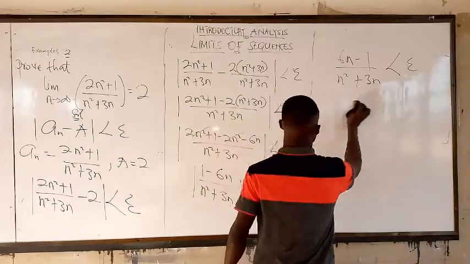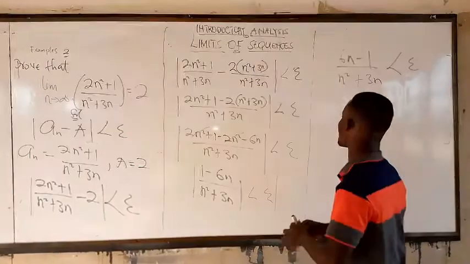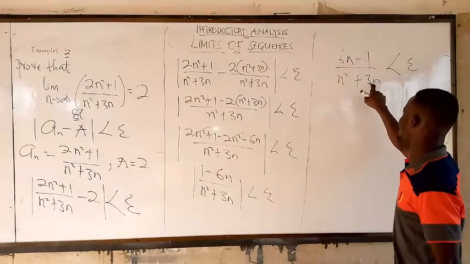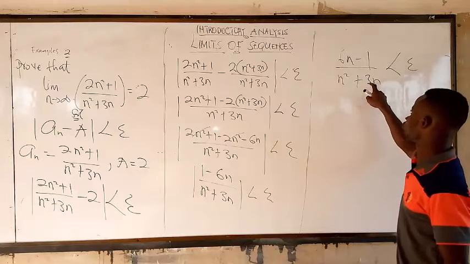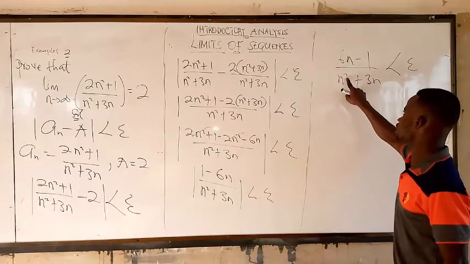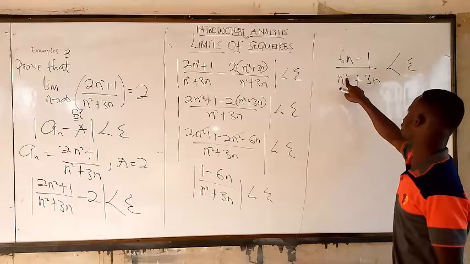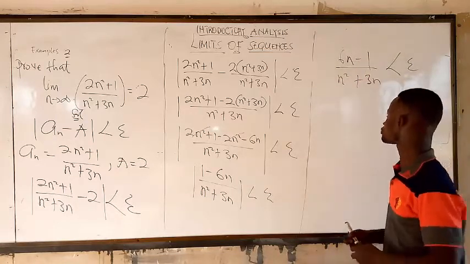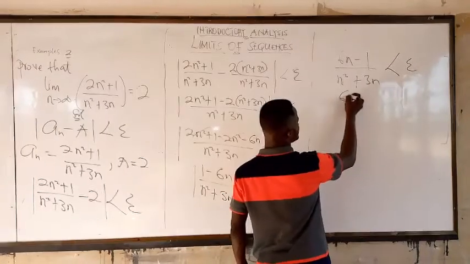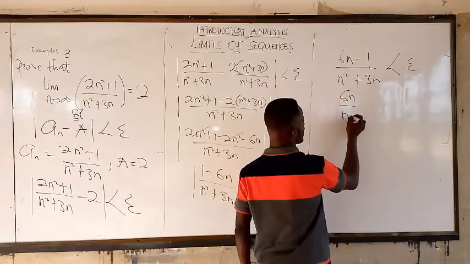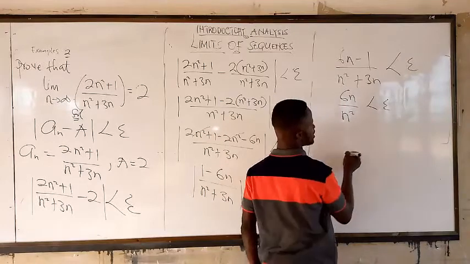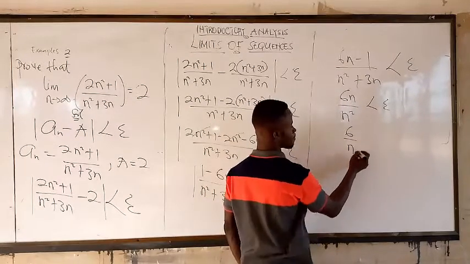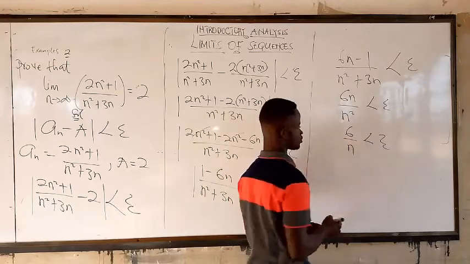It's just simple in this way: you see this is greater than this, because you put values here. We have here n squared, and here power 1. So we drop this side. We get 6n over n squared less than epsilon, and here we get 6 over n less than epsilon.